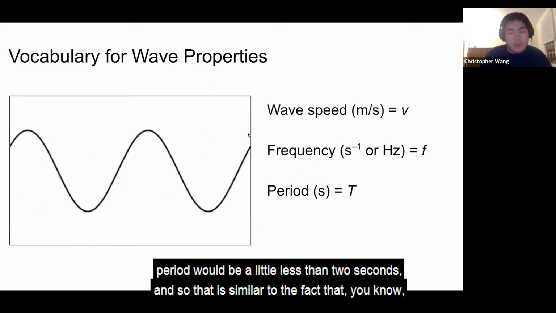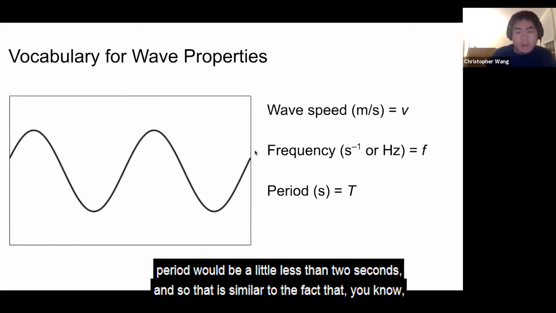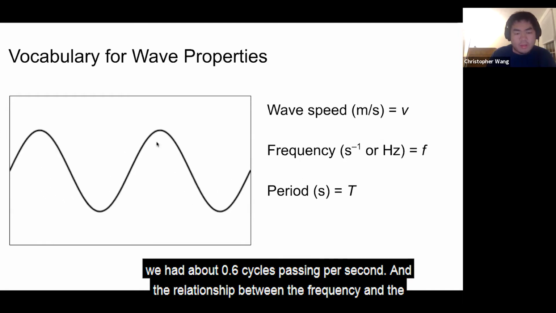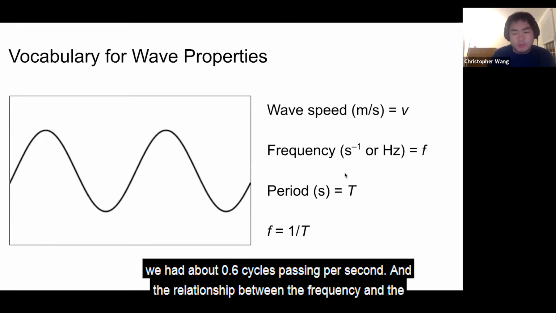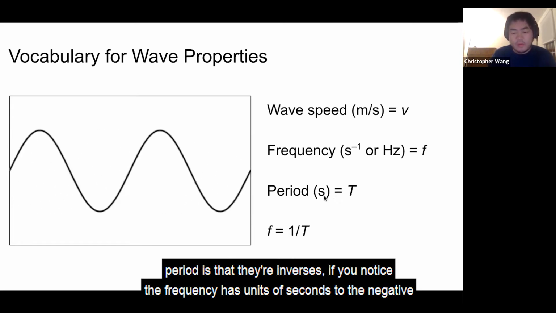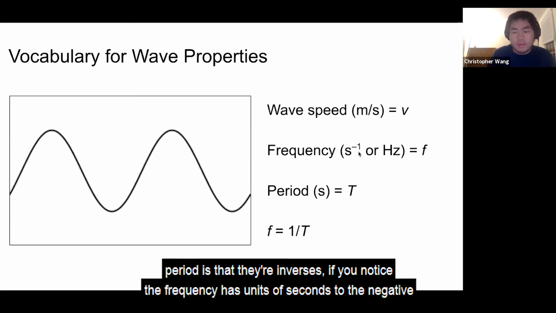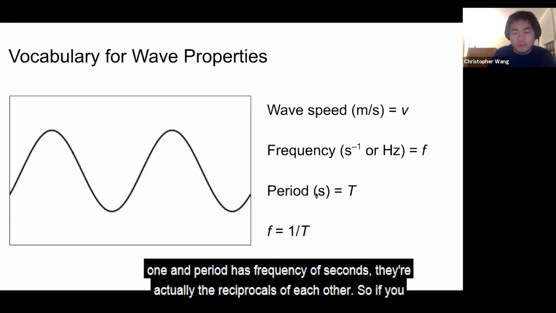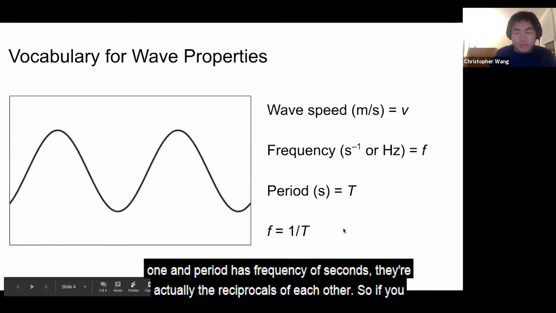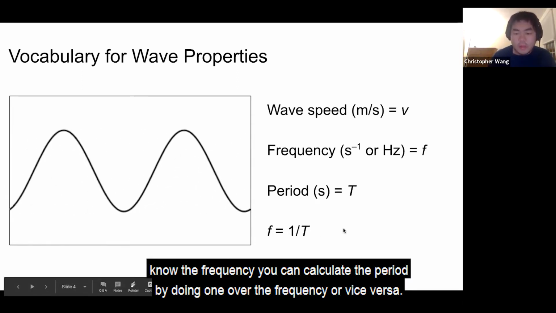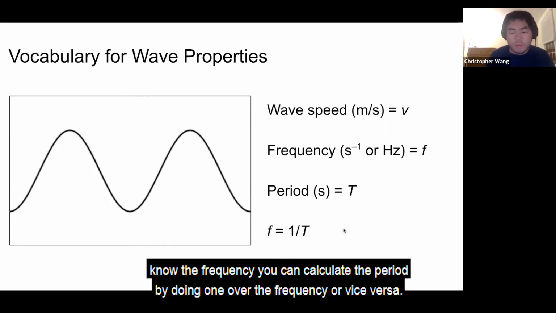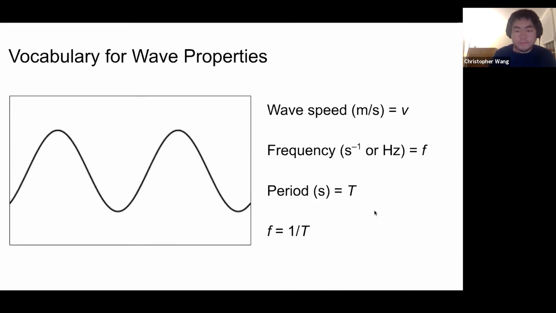That's consistent with the fact that we had about 0.6 cycles passing per second. The relationship between the frequency and the period is that they're inverses. The frequency has units of seconds to the -1 and the period has units of seconds, so they're reciprocals of each other. If you know the frequency, you can calculate the period by doing 1 over the frequency, or vice versa.